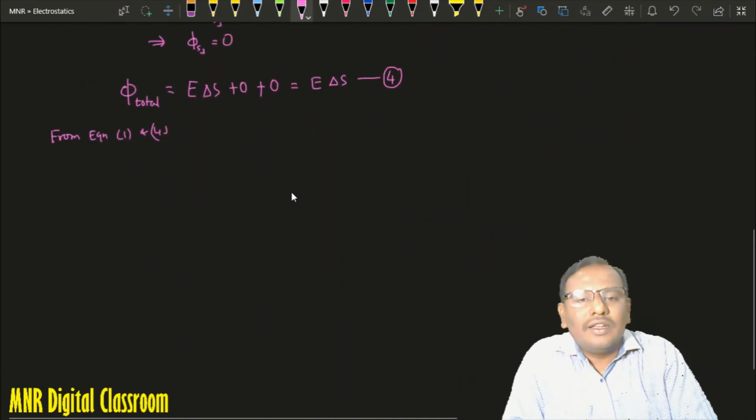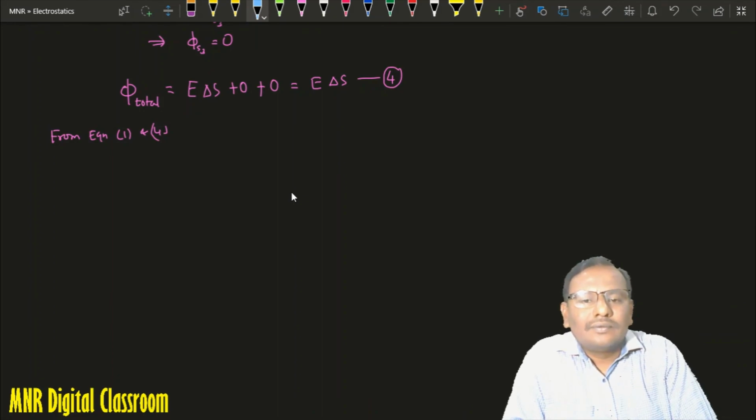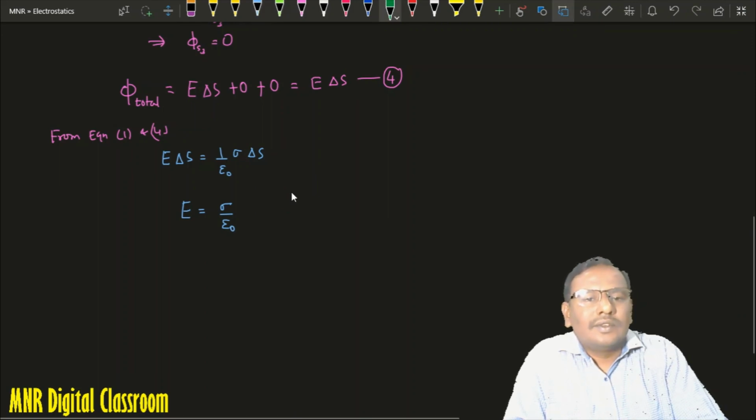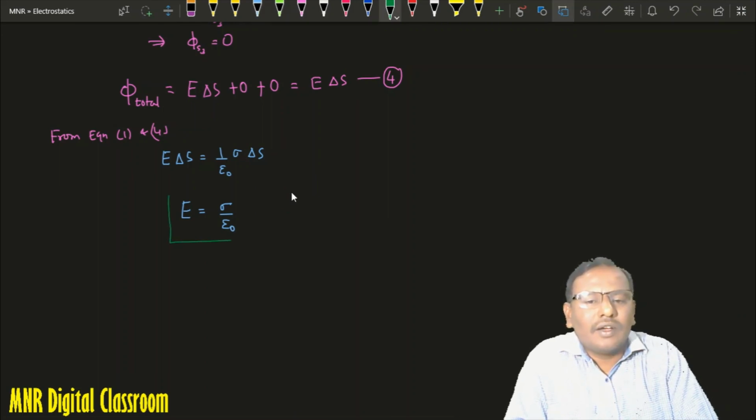So comparing equations 1 and 4, we get E delta S is equal to 1 over epsilon naught times sigma into delta S. So delta S gets eliminated. E is equal to sigma divided by epsilon naught. This is the expression for the electric field on the surface of a charged conductor.